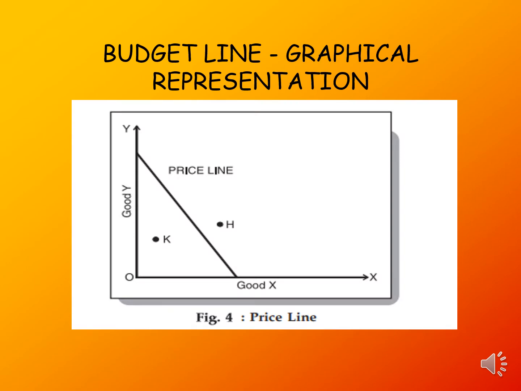If we plot the above combinations of two products in a graph, we will get this budget line or price line, a line which touches both the y-axis and x-axis. It shows different combinations of two products at a given price and income.